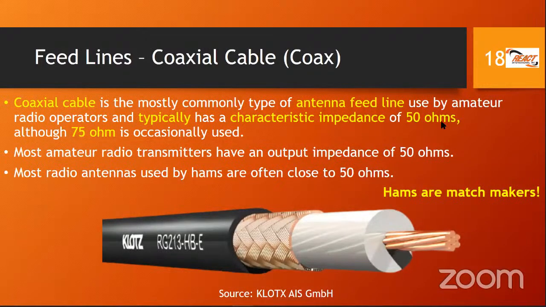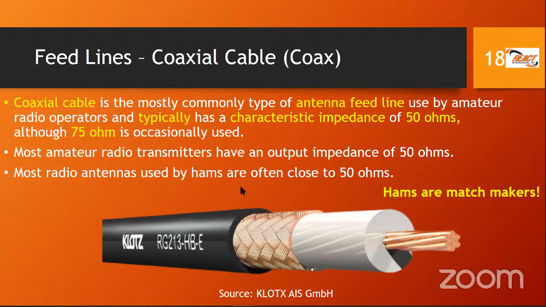But 50 ohms is the most popular, because most amateur radio transmitters have an output impedance of 50 ohms. And remember we said hams are matchmakers, so if we have a transmitter whose output impedance is 50 ohms, then we need a transmission line that connects to the transmitter that is also 50 ohms.